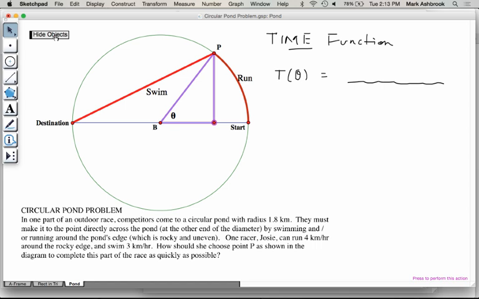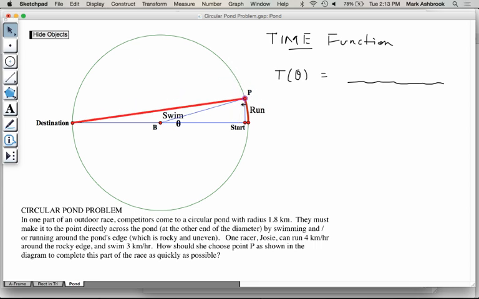Okay? Let's start with the applicable domain. What are all possible values of theta that make sense? So you think of what's the lowest to the greatest. So 0 theta means what situation? Swims the whole way. That's 0 theta right there.